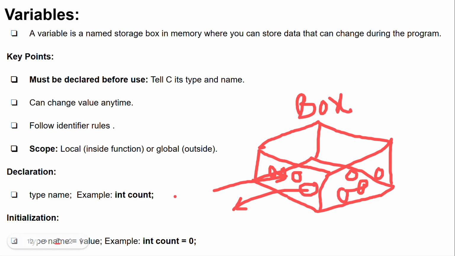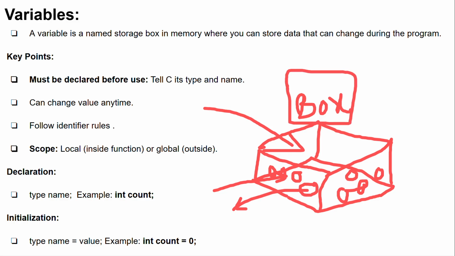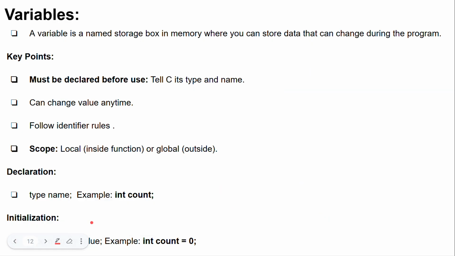So we can assign any items here, whether apples, oranges, or onions, whatever thing I can assign, I can replace the existing item with the new item. That means the box is nothing but a variable here. We can store whatever values we want. Okay, so that is the example for a variable.